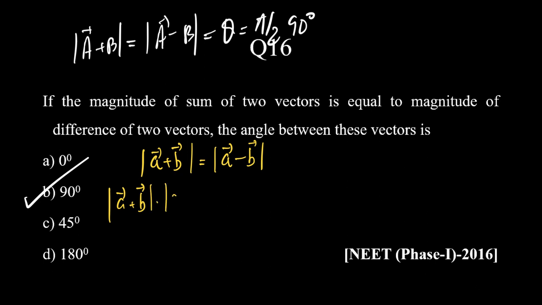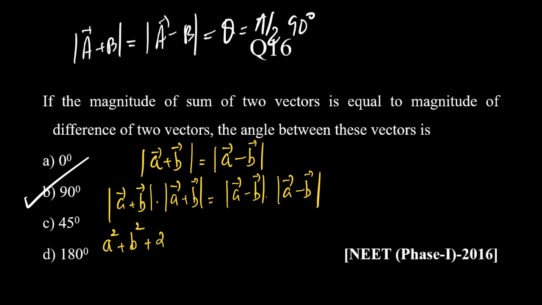Vector a plus b dot vector a plus b is equal to vector a minus b dot vector a minus b. This is equal to a square plus b square plus 2 a dot b is equal to a square plus b square minus 2 a dot b. And remember, it's a dot b and not a into b, because it's a vector here.